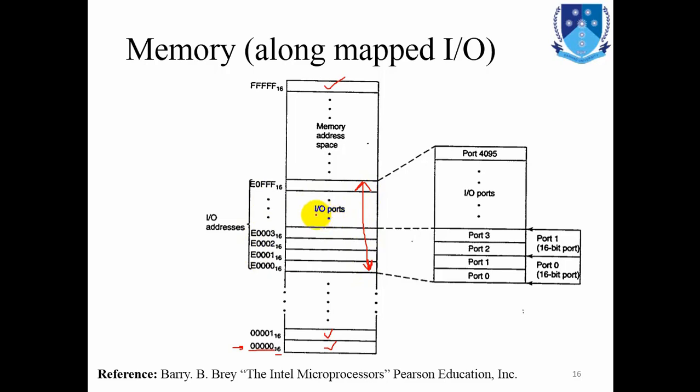That's why it is termed as the I/O port addresses, or simply the I/O addresses. Here you can see that each location is representing the address of a port, or the address of an input or output device, starting with port 0, port 1, port 2, port 3 and so on up to 4095, which combine to 4 kilo locations or 4 kilo devices.